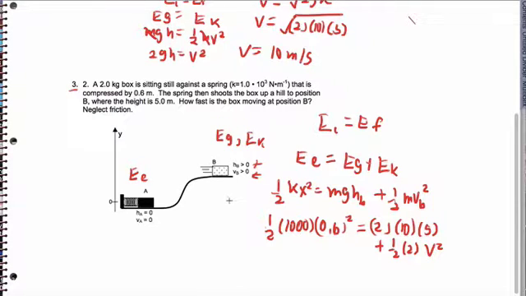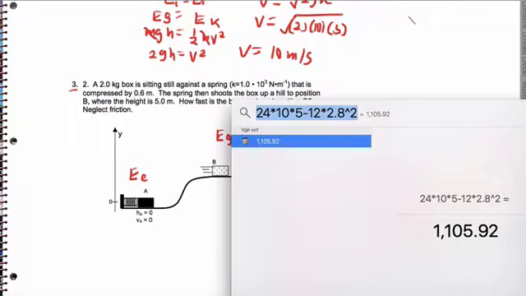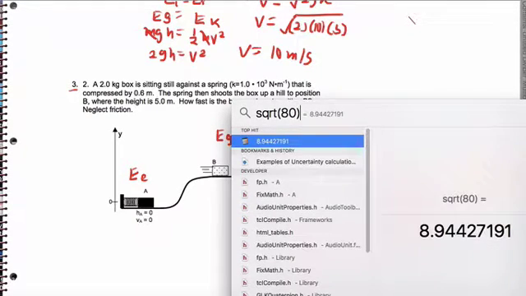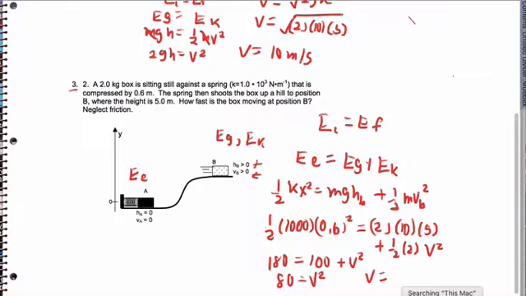So we're going to have 0.36 times 1,000. That's going to be 360. So I'm going to have 180 equals 100 plus v squared. And I'm getting 80 equals v squared. So v is going to be about 8.9. Let's just double check that. So yeah, about 8.9 meters per second.